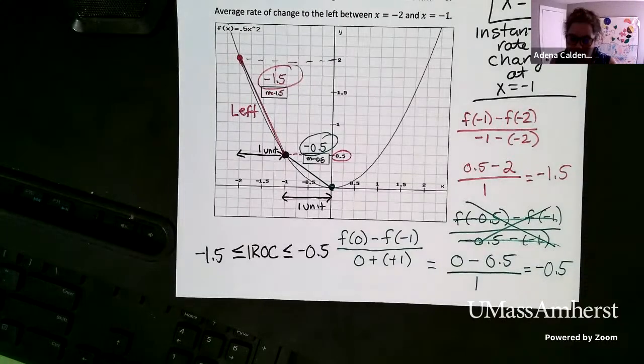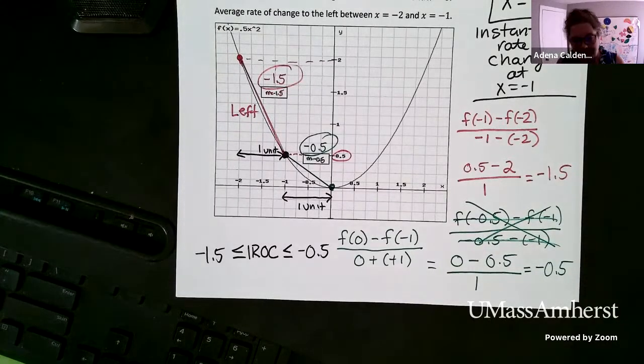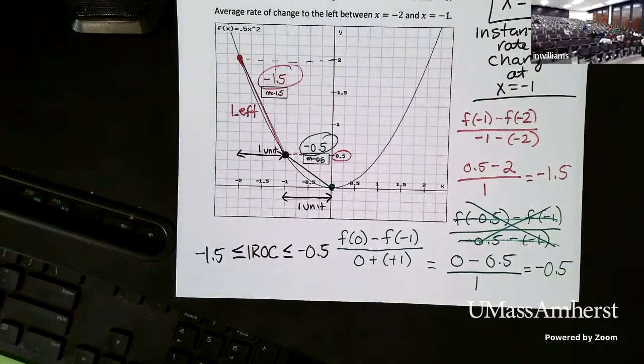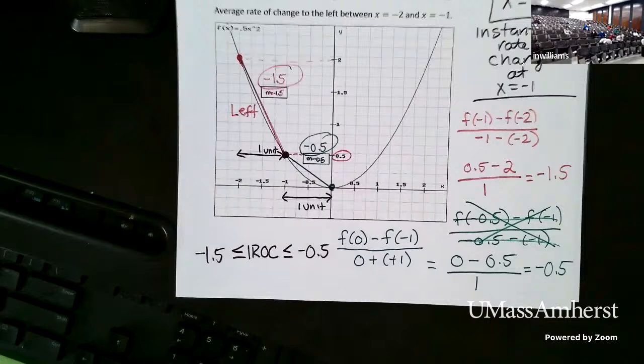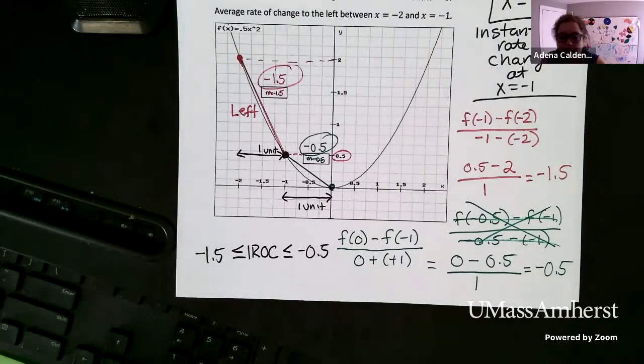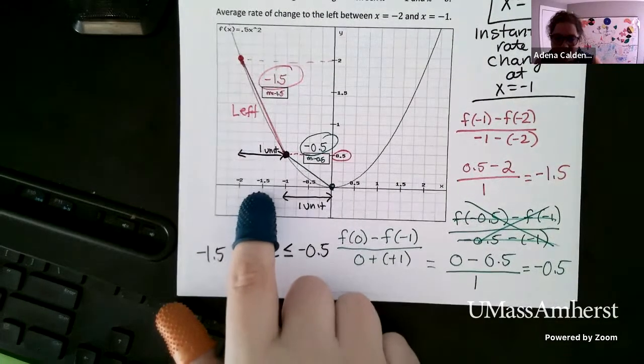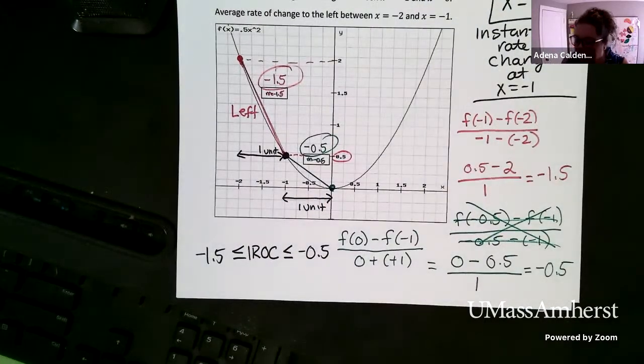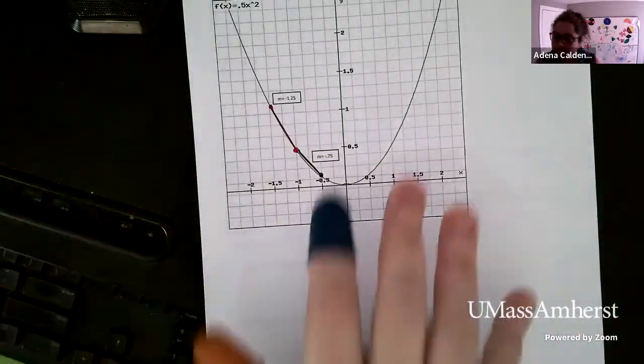And so what I'd like to do is repeat this process by looking to the left and to the right of -1, but get closer. So instead of going 1 full unit away, let's go half a unit away on either side and see if that helps us figure out a better interval.